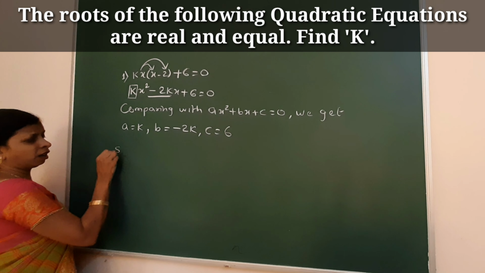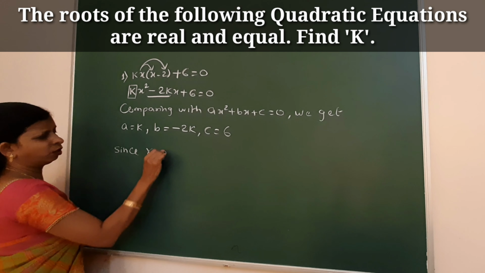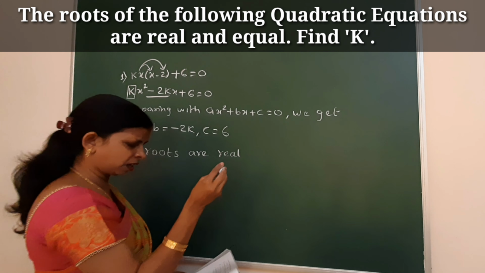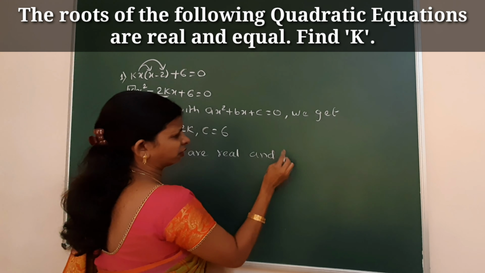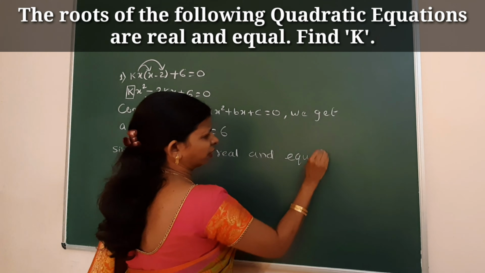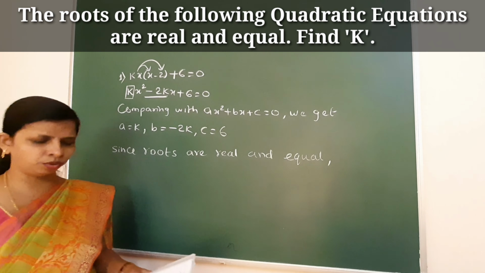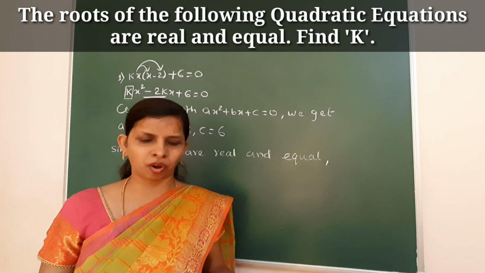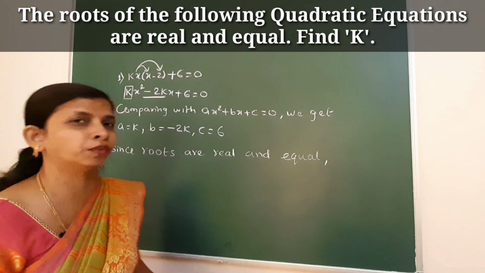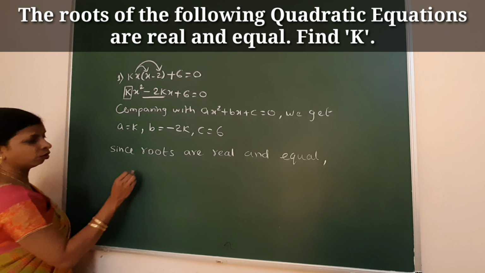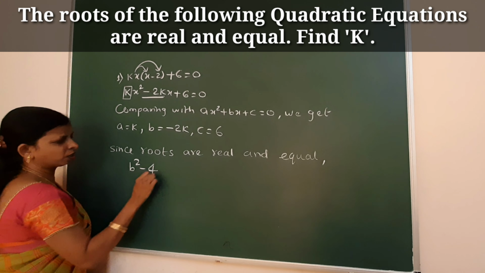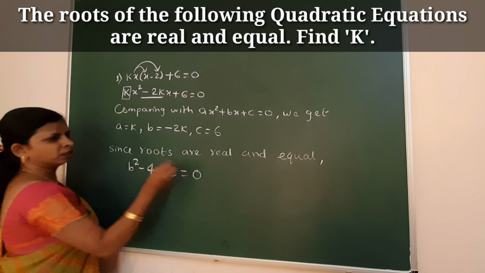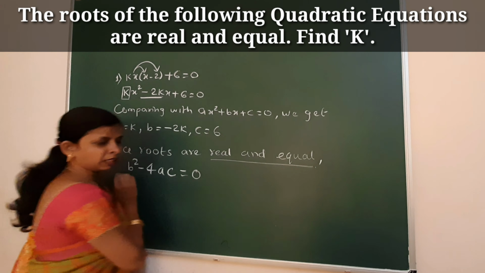Now roots are given to be real and equal. When do you get the roots as real and equal? When the nature of the root, you can say b square minus 4ac is equal to 0. That is your condition. You will write b square minus 4ac is equal to 0. Why? The roots are real and equal.